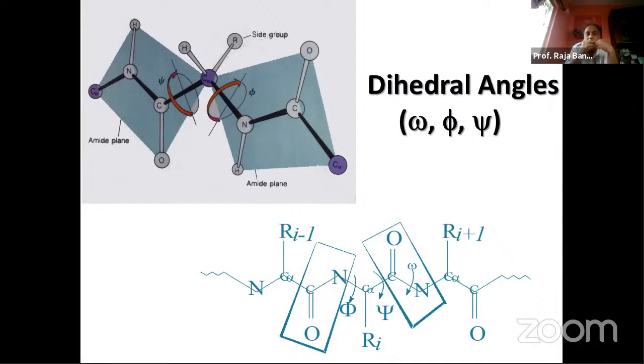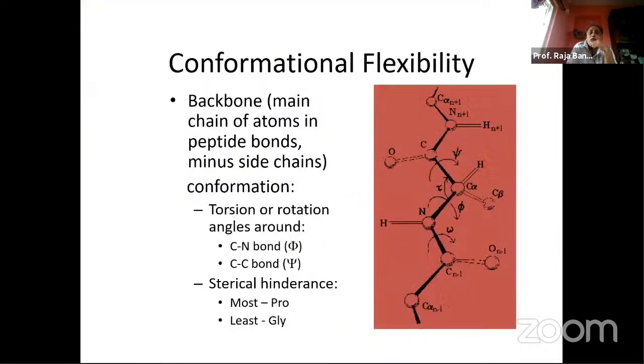I have already defined the dihedral angle: it's an angle between two planes, and the three dihedral angles, omega, phi, and psi, repetitively describe the main chain. So that is the conformational flexibility. When we are talking about the primary structure, we are not talking about any conformation.